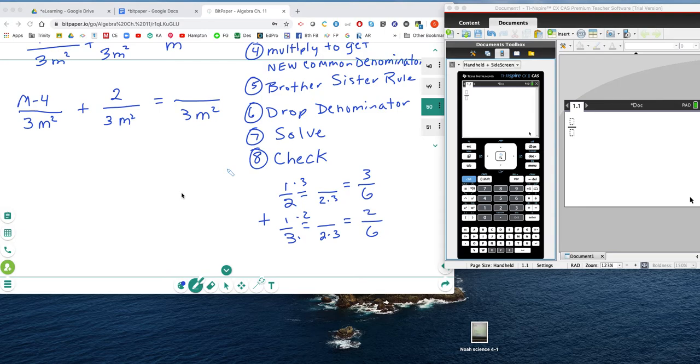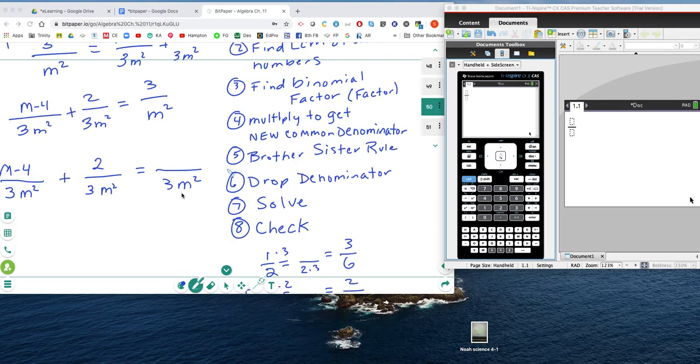So whatever we do on the bottom, we do on the top. We do the brother-sister rule. So we're going to do the exact same thing here. I need to multiply the denominator by 3 to get 3m squared. So I'm going to multiply the numerator by 3. So that's going to give me a new numerator of 9.